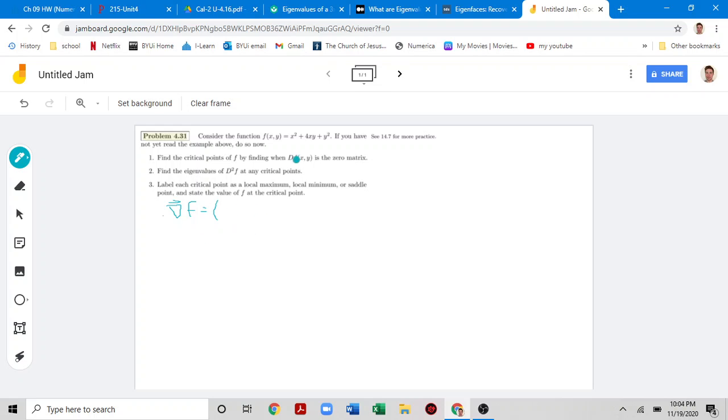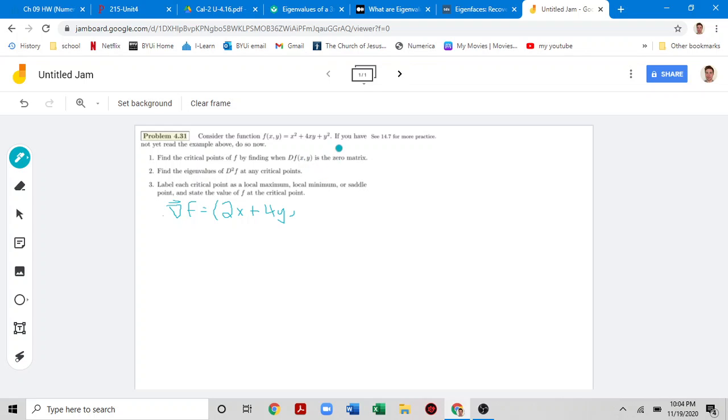With the gradient, we want to make sure the y's are treated like constants. So this is going to be 2x plus 4y, because y is now a constant.